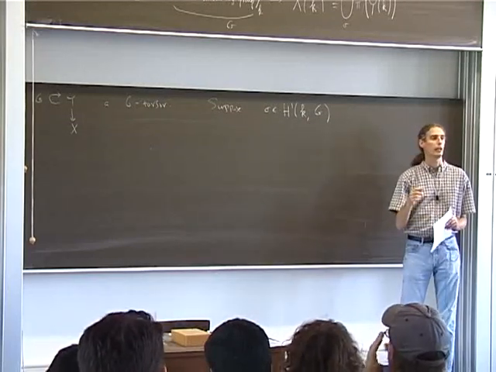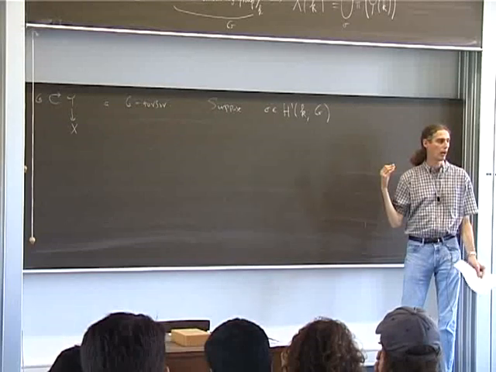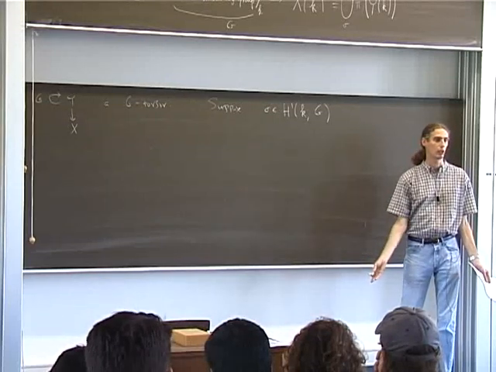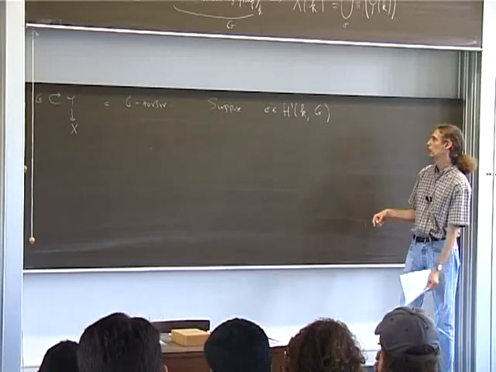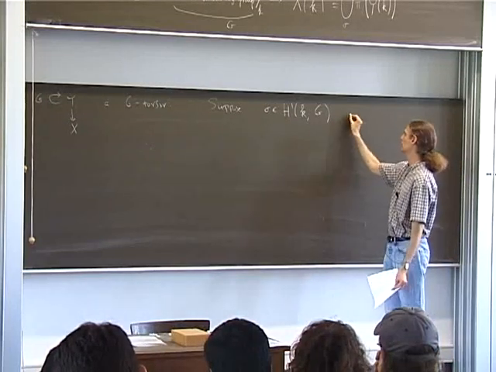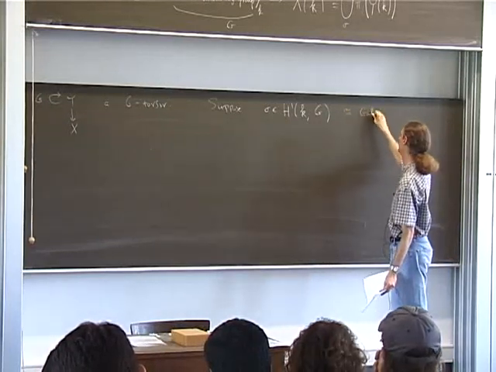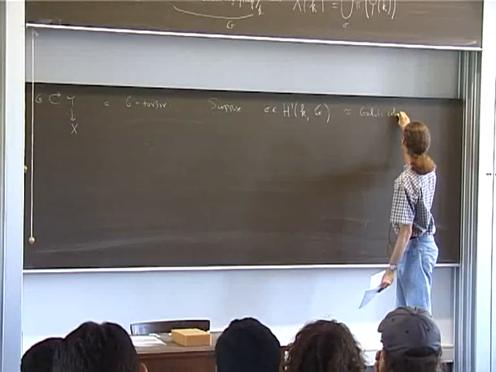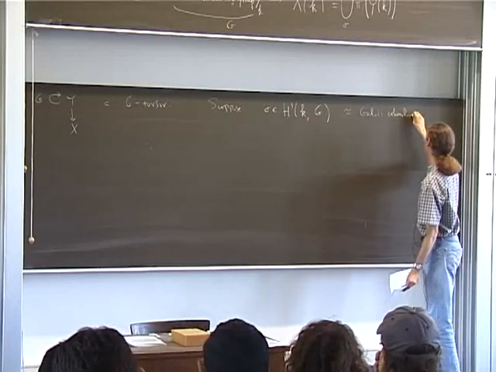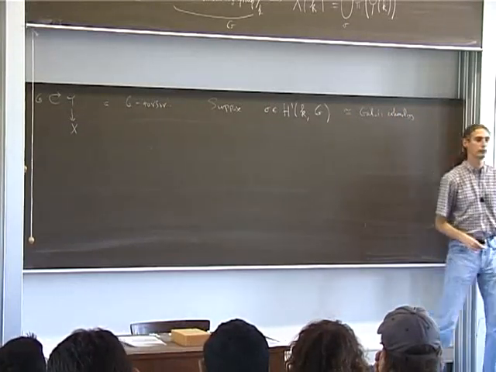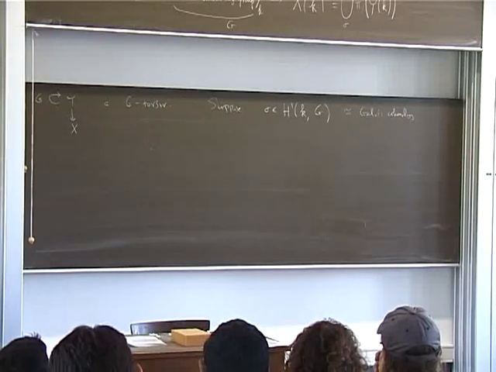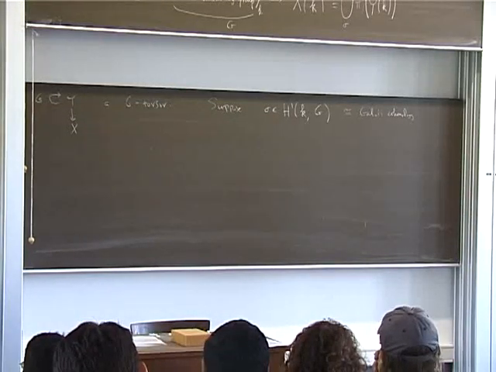But that's the same as Galois cohomology for the absolute Galois group of K. So this can be identified with a Galois cohomology. This is an instance of what we've seen in yesterday's lecture.